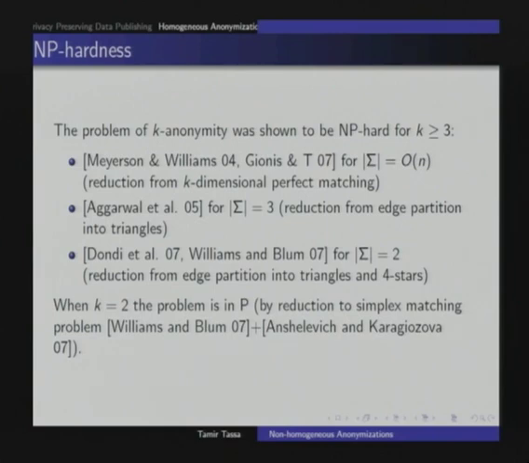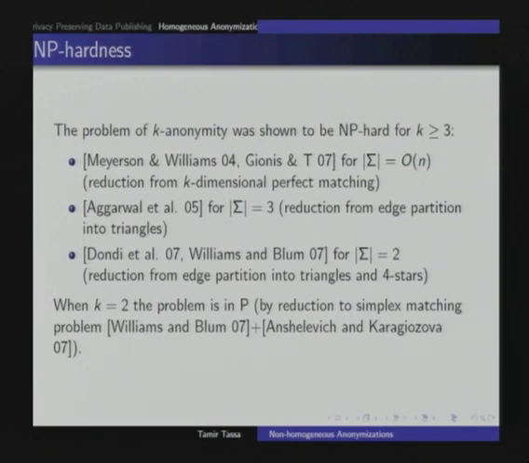They show this by a reduction from k-dimensional perfect matching, which is a problem known to be NP-complete, to the problem of optimal k-anonymization.